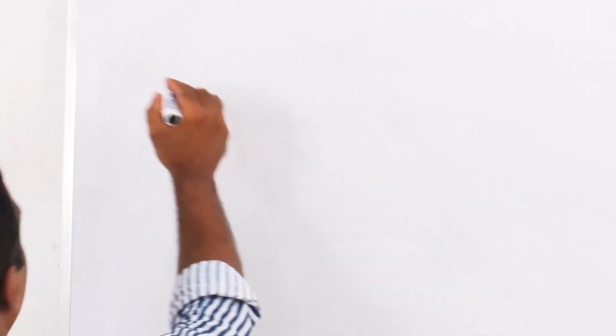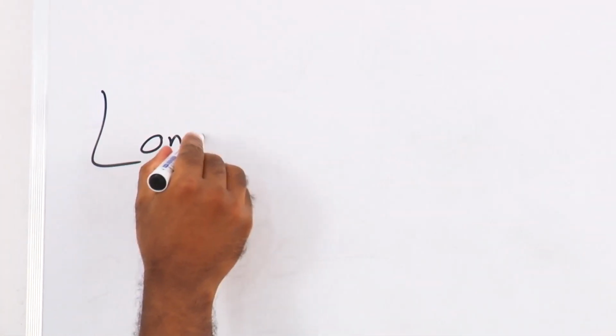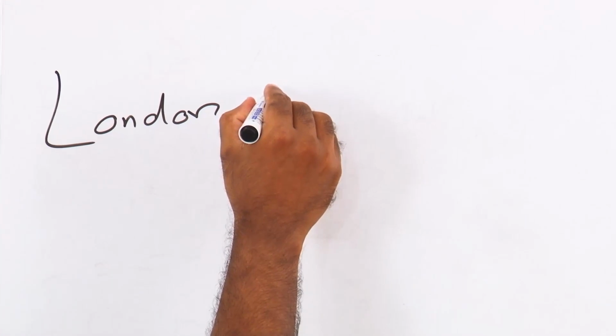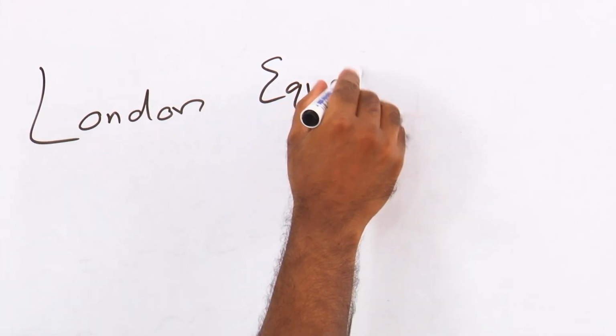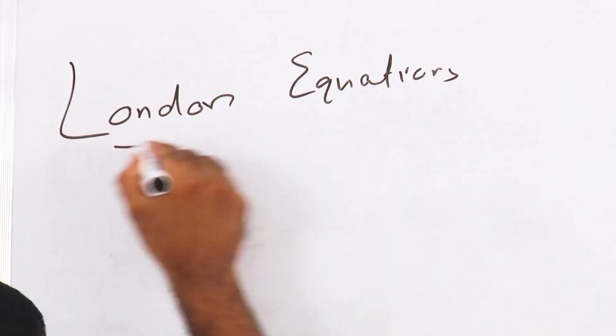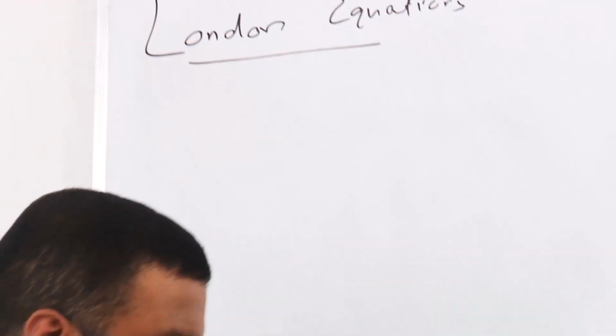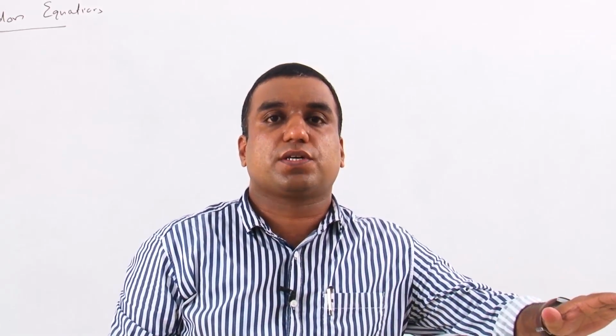London equations. On the basis of Maxwell's theory or Maxwell's equations alone, it is not possible to describe the properties of superconductivity completely.